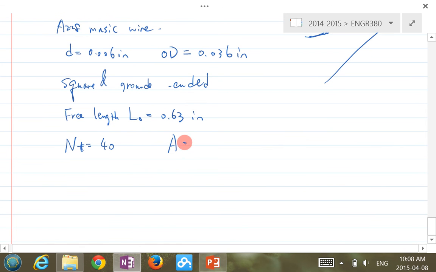We'll assume a safety factor NS equal to 1.2. So here comes the question: is it solid safe?